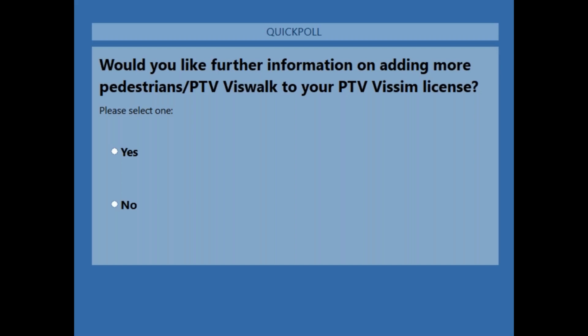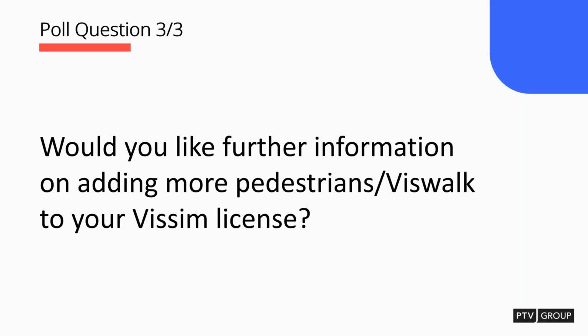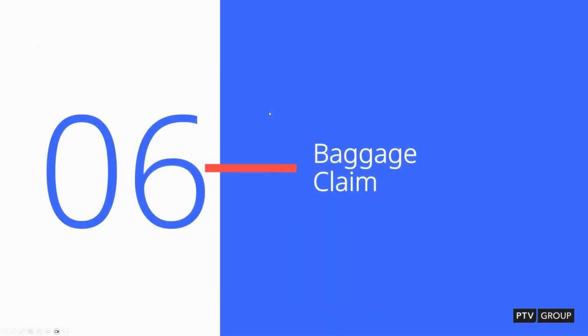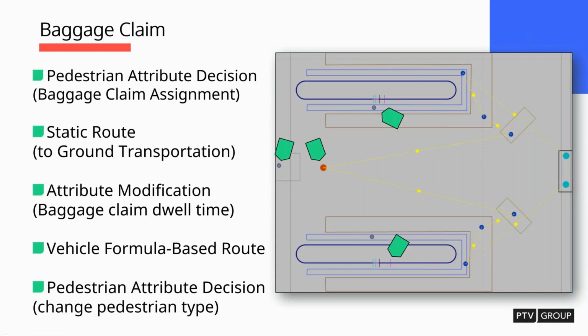We're still gonna have Q&A at the end, but we're gonna go through baggage claim and arrivals real quick, and then we'll get on to that. Okay, so baggage claim. Once the pedestrians have decided not to connect to another gate, they move on to baggage claim. This one gets a little complicated because there's a lot of moving parts.